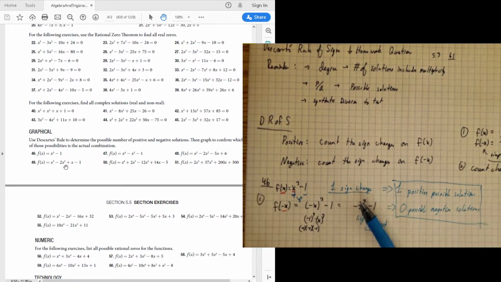To illustrate this, in your text, you'll notice that it asks you to do a graphing problem. So it says to test it first, which is what I did. I got it boxed. That part of the answer is done. Then it wants to graph to confirm which of those possibilities is the actual combination. So now I'm going to pull up Desmos.